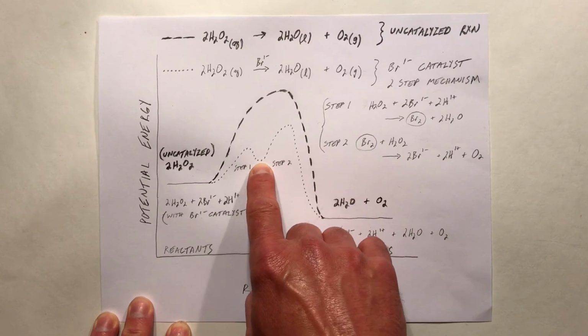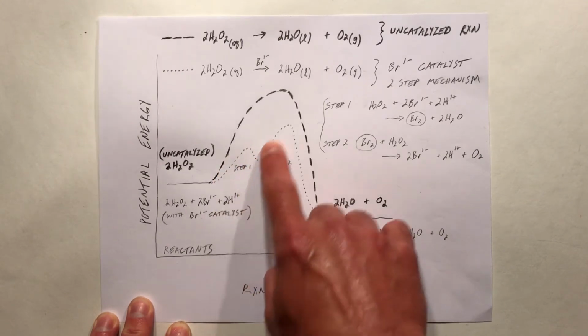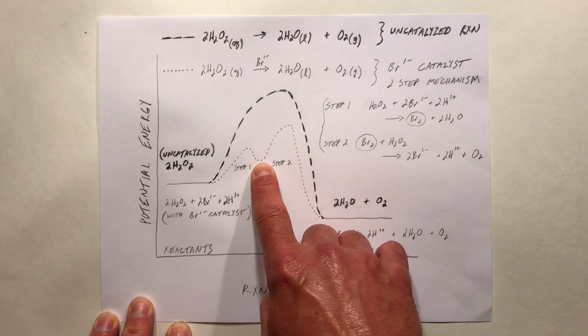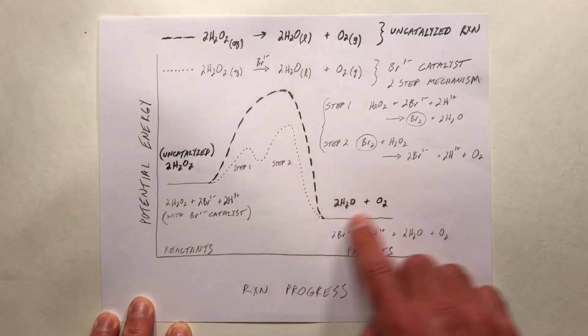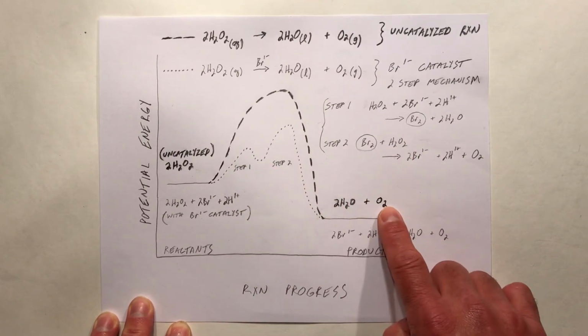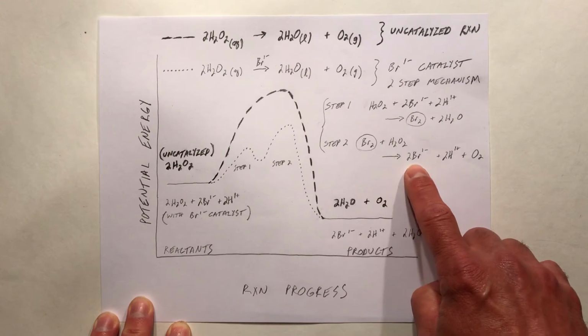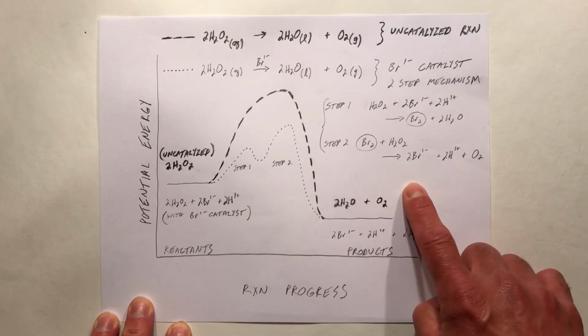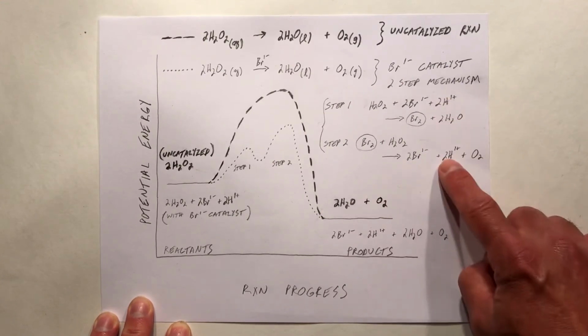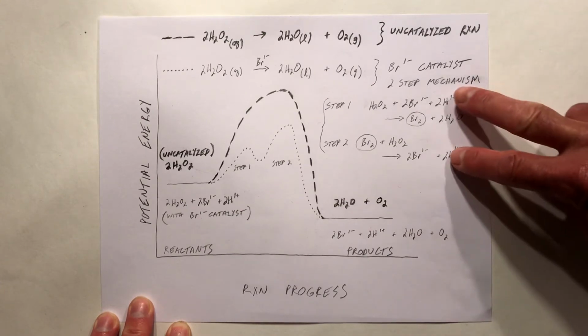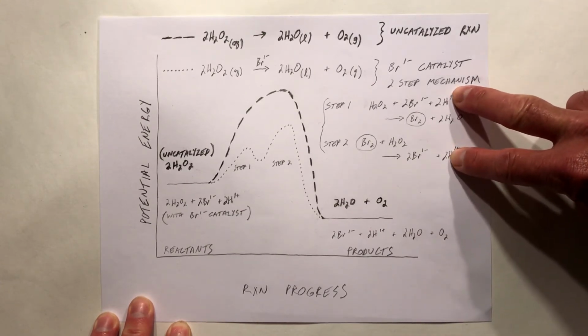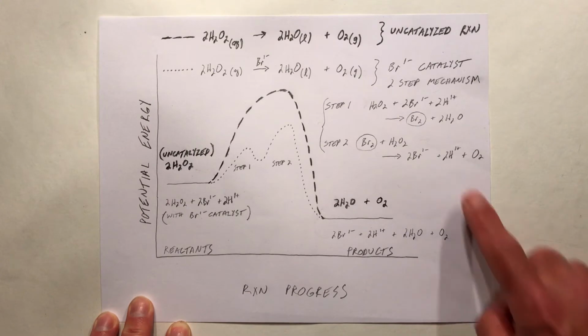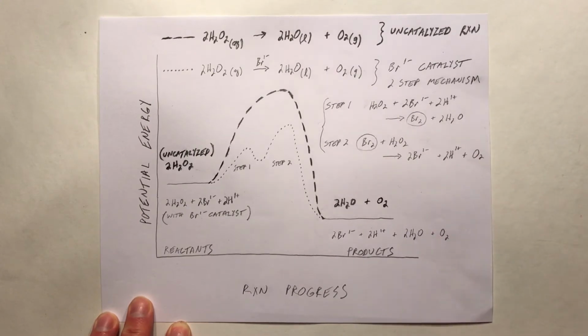That's where the intermediate is at the dip in multi-step reaction. So the Br2 combines with some more H2O2, reforms the catalyst, two Br1 minuses, and then there's our spectator ion. And notice the spectator ion's not doing anything in the reaction at all. And then it also forms O2.